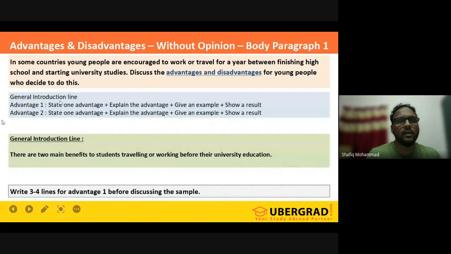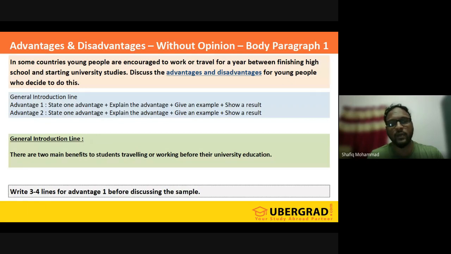Okay, so here you're going to write advantage one and state one advantage, explain the advantage in this paragraph, and give an example and show a result. So four things you need to do here: state one advantage, explain the advantage, give an example, and show result.